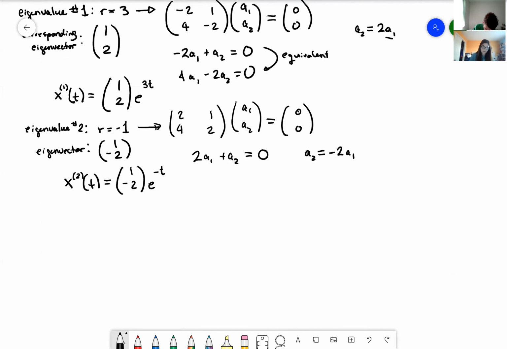And what we get for our general solution is C1 (1, 2) e to the 3t, plus C2 (1, -2) e to the minus t.